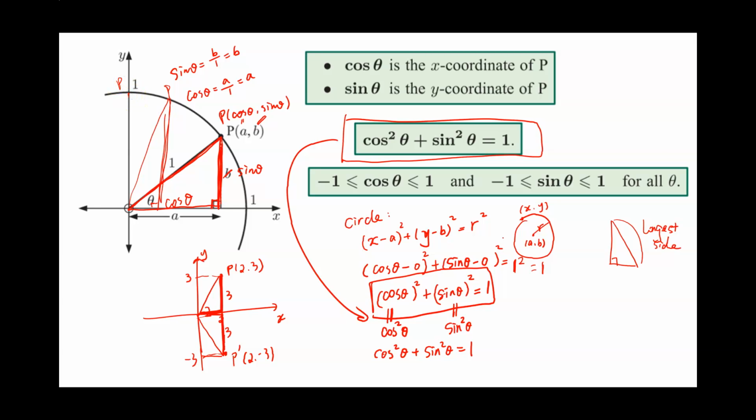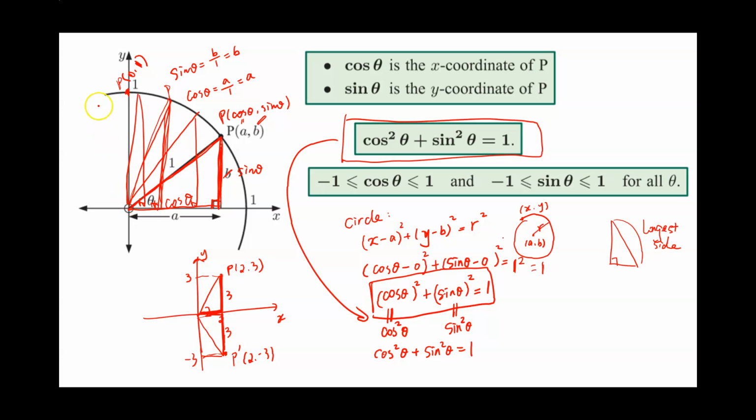Can you imagine that? If I keep moving P, and keep building up a right angle triangle each time, the longest side I could have is when P comes to the y-axis. What is the coordinate of P on the y-axis? That would be (0, 1).